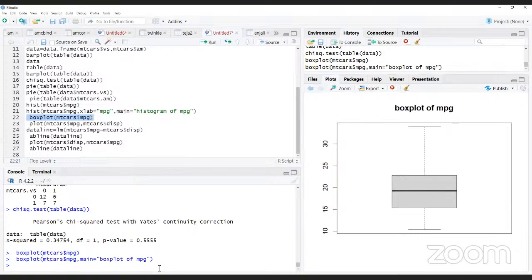Okay. And ylab. So ylab you can write down value within double inverted comma, values.